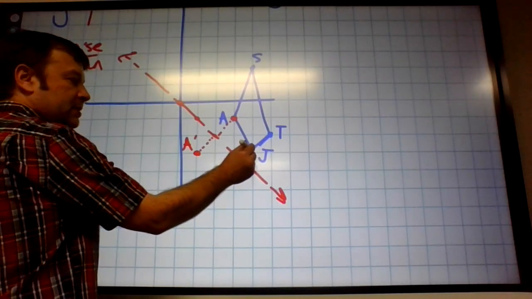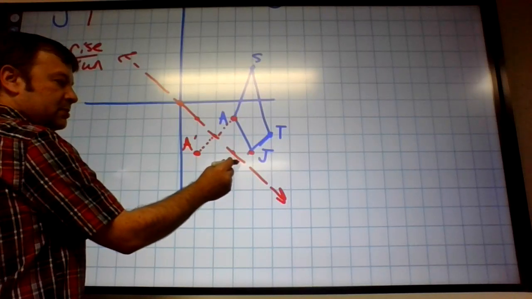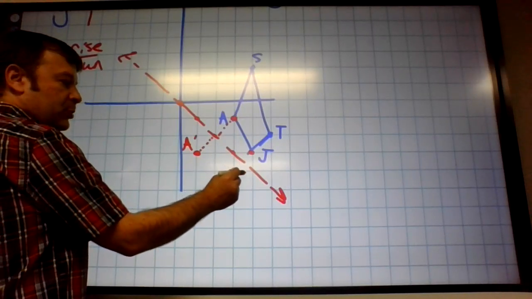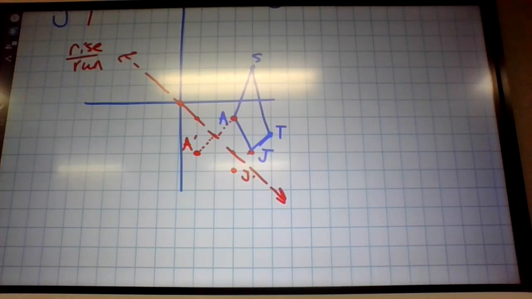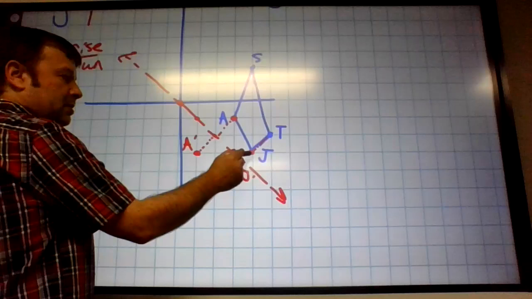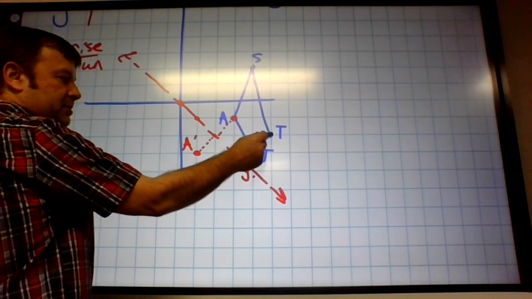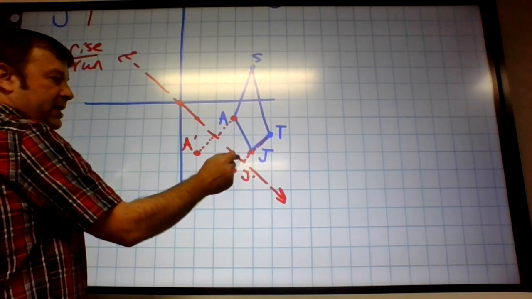J, down at the bottom, is a half diagonal away. So J prime will be a half diagonal away. How far away is T? Just one diagonal away from J. It's 1.5. T is 1.5 diagonals away.